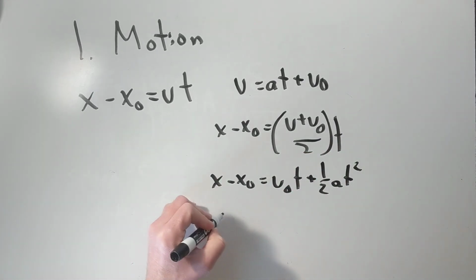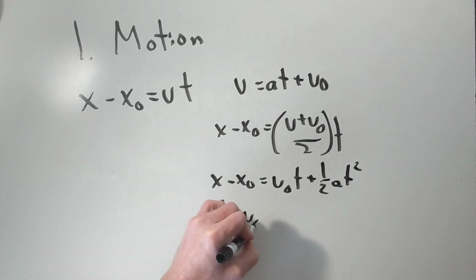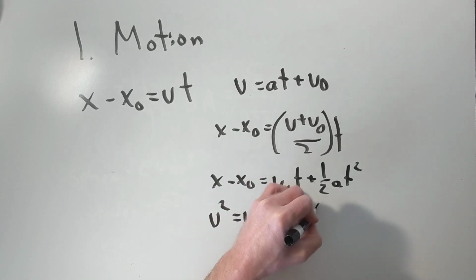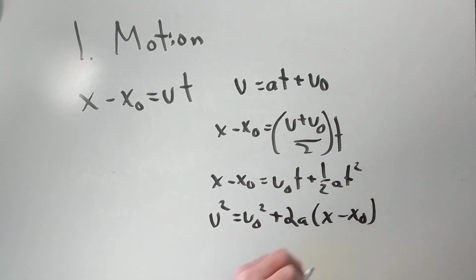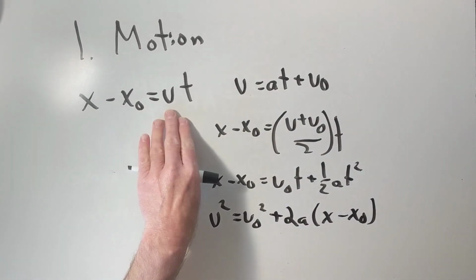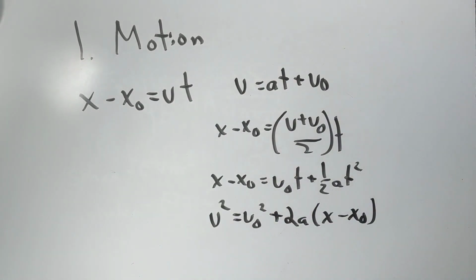And then v squared equals v naught squared plus 2a times x minus x naught. So this equation is just for your basic constant velocity. These are your equations of constant acceleration.